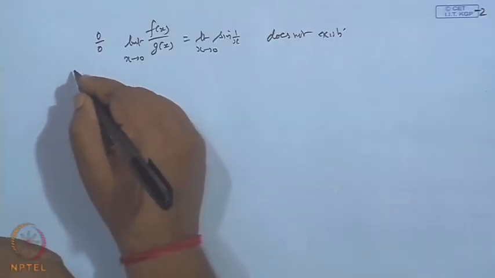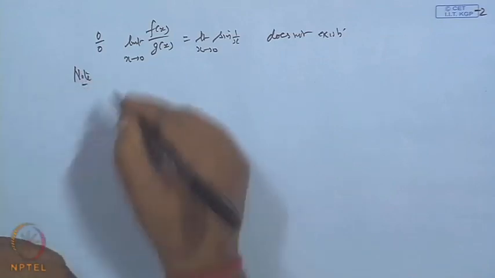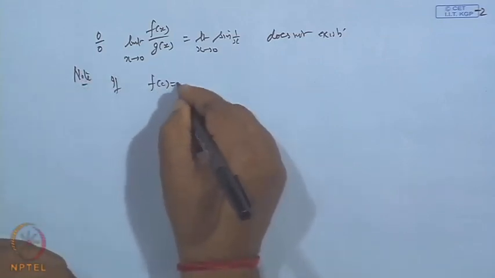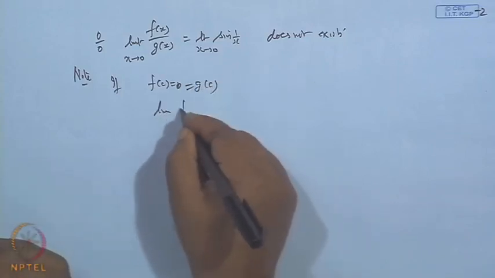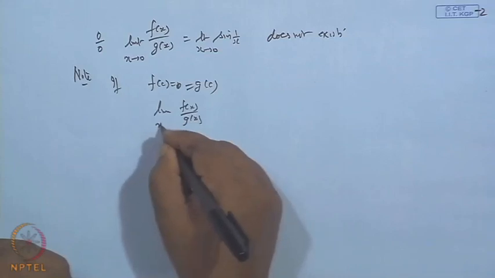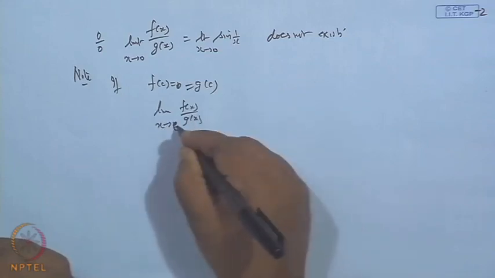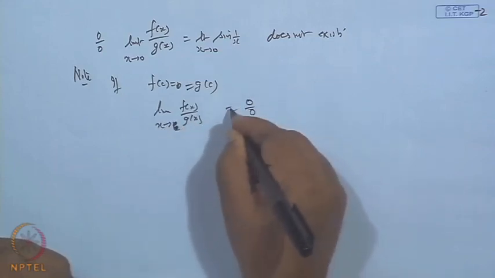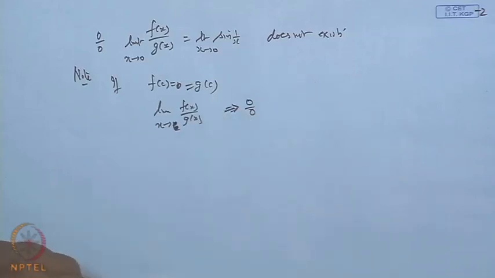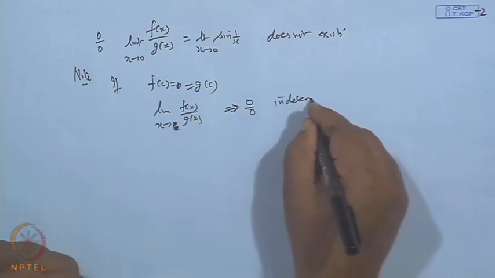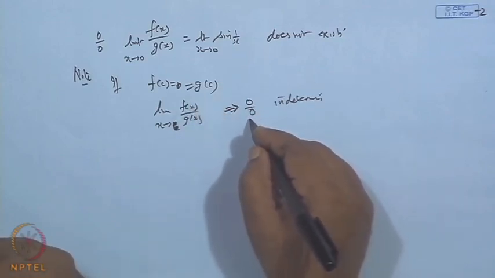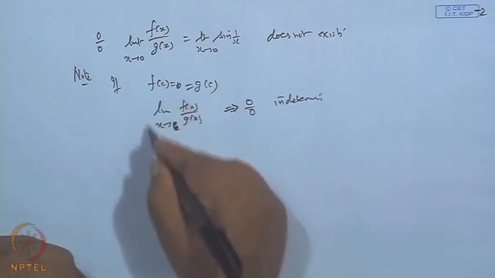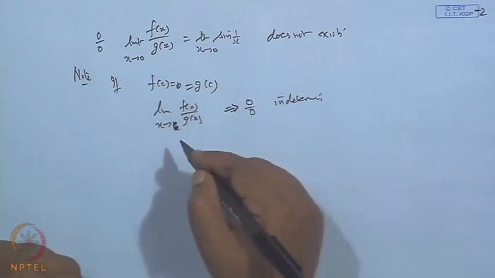Now, one more thing. Even if f(c) is 0 and g(c) is also 0, then in that case the limit of f(x) by g(x) as x tends to c is also in the same form, 0 over 0. It takes this form, which is also an indeterminate form. So if the function is defined at the limiting point c and it comes to be 0 over 0, then calculating the limit of f(x) over g(x) becomes a problem.